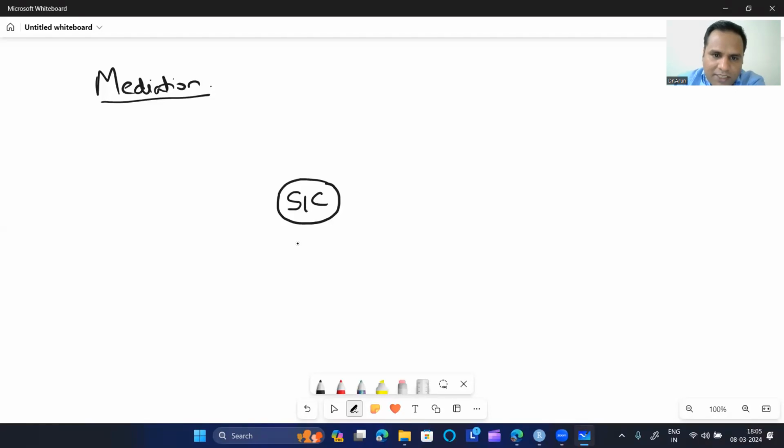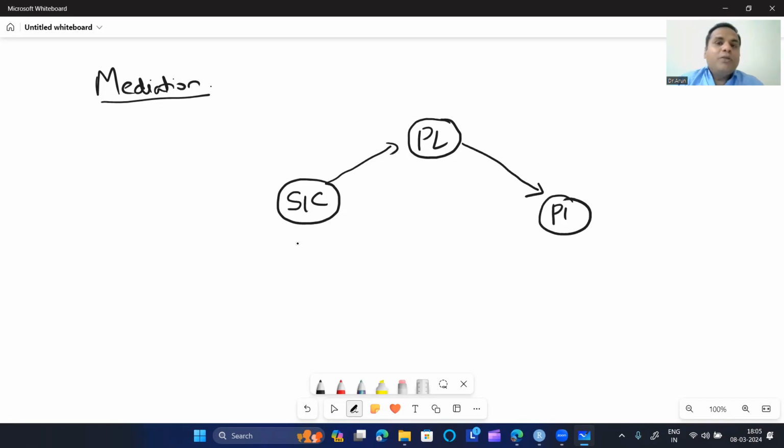So what this model says is that if you connect yourself with some influencer, there will be perceived liking. And if there is perceived liking, you will develop purchase intention. Purchase intention means you will develop the tendency to go and buy the product. It is a feeling where you feel like buying a particular product.